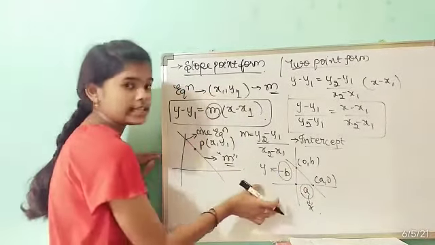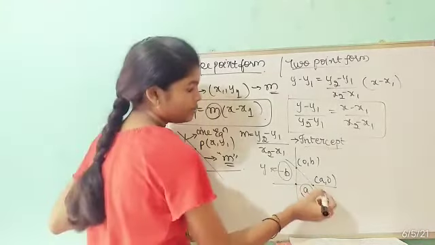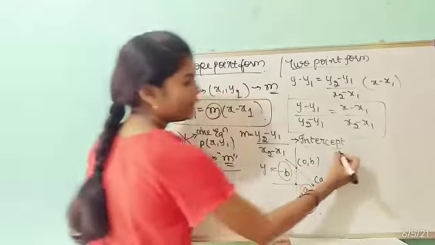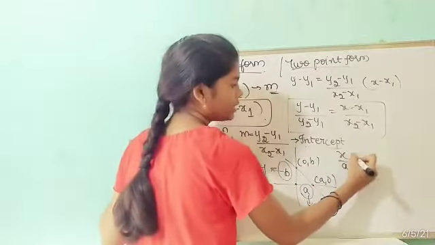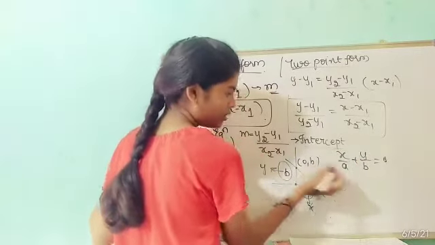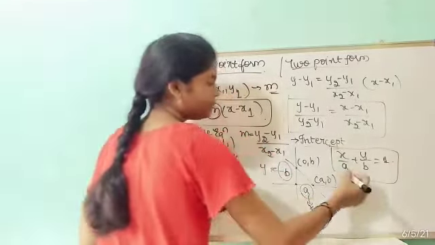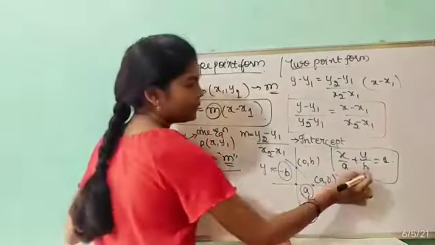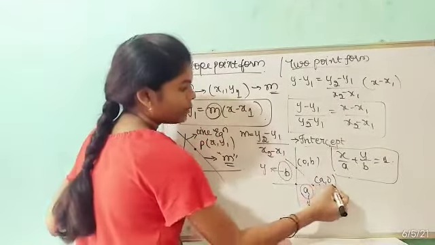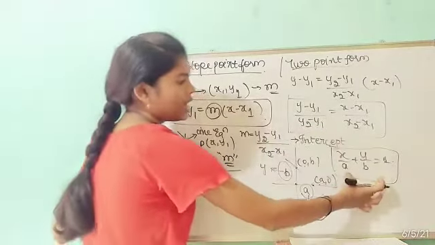Suppose we have a and b intercepts and this line is meeting at a comma 0 and 0 comma b. Then the equation will be x by a plus y by b is equal to 1. Simply, if we take a comma 0 and 0 comma b and substitute in the general form, similarly we will get this intercept form.